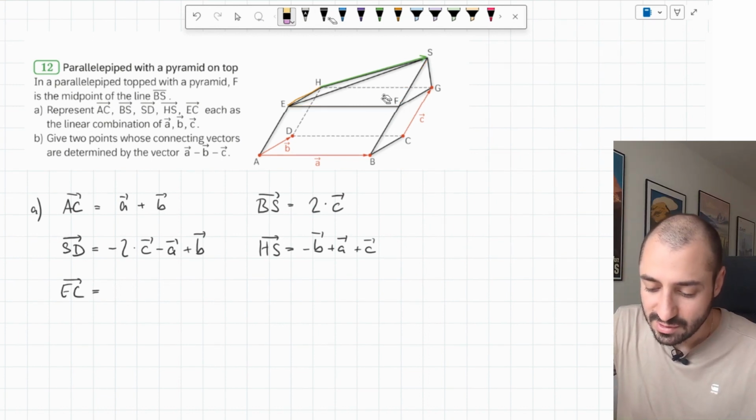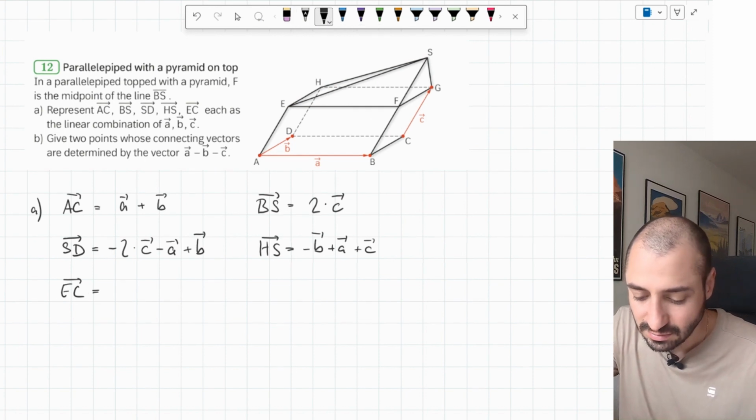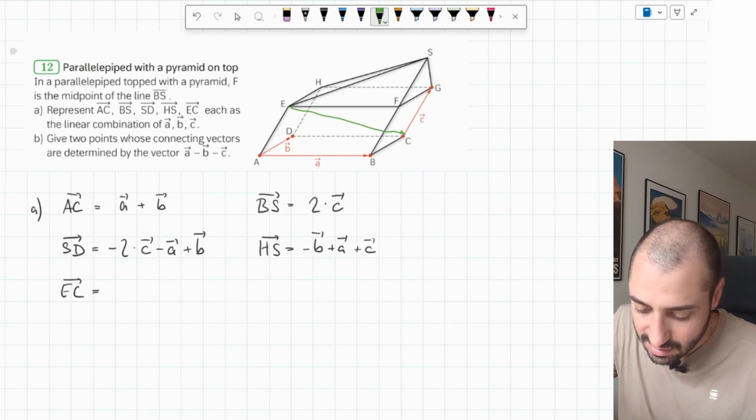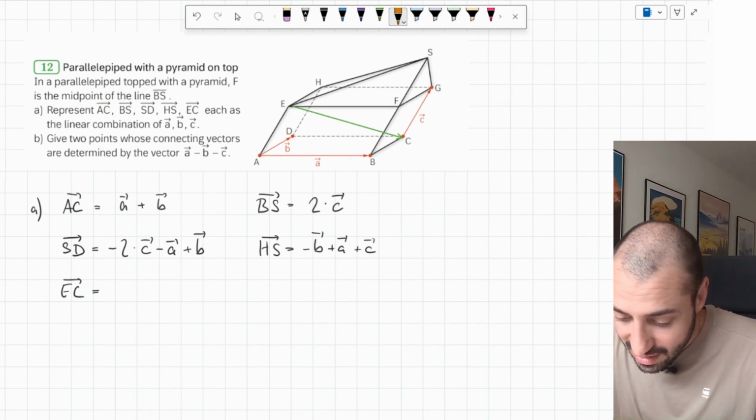So that was HS. And for EC, just this vector here. How do we get there?